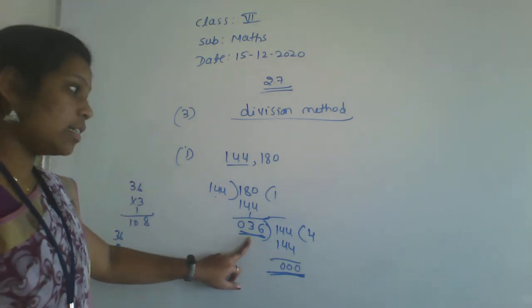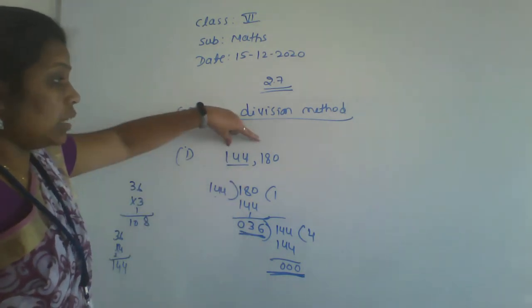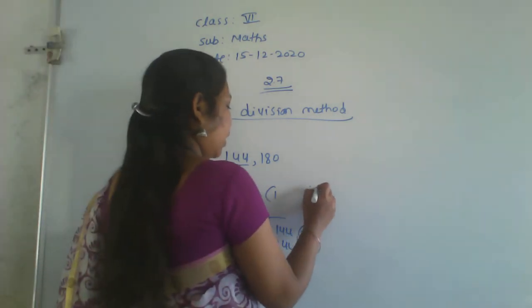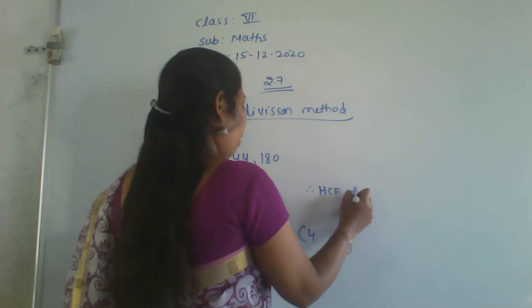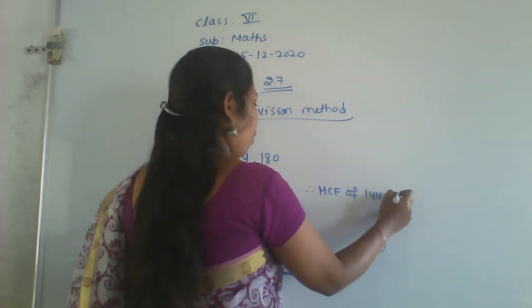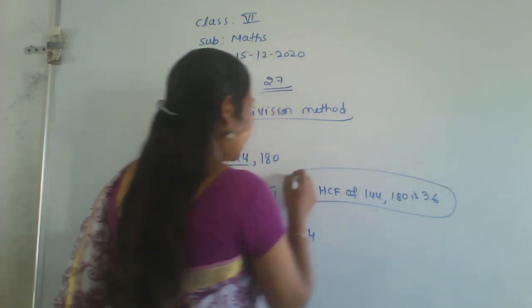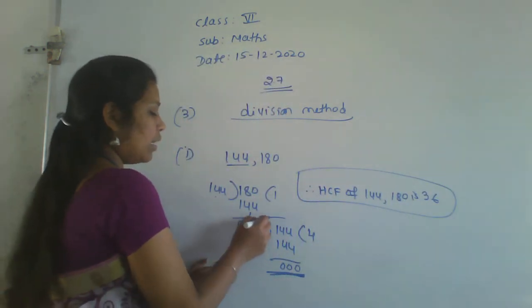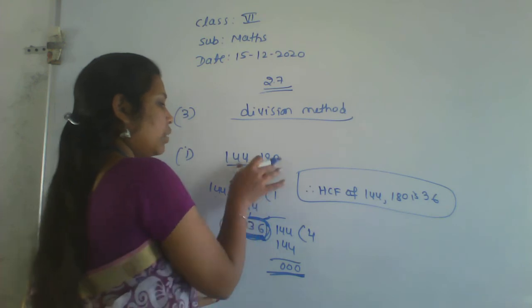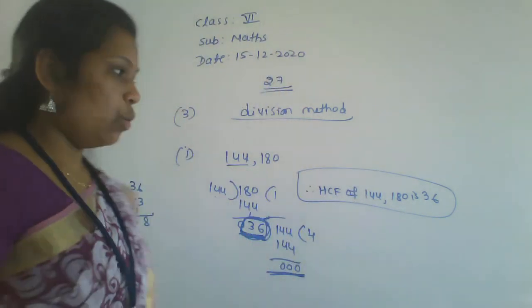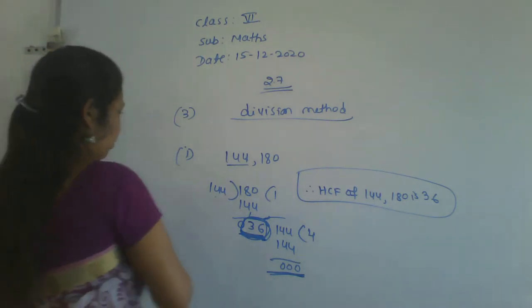So 36 is the HCF of these two numbers. Therefore HCF of 144 and 180 is 36. This number you have to write. This is called the HCF of these two numbers.